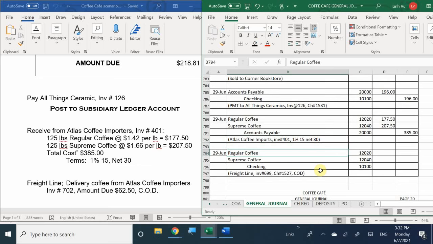And then go ahead and you can do the freight if you'd like. All right, so freight seems to be 31.25 apiece for regular coffee and Supreme Coffee, and we're going to write them a check for $62.50. Freight Line, not Freight Liner. Cash on delivery, invoice 702, check 1532.